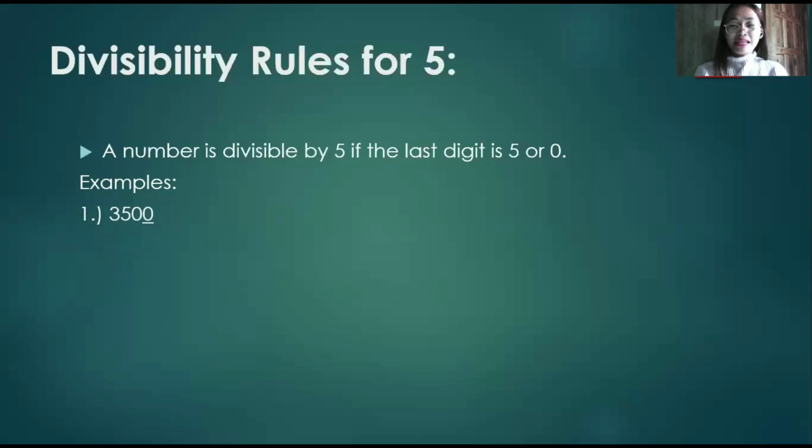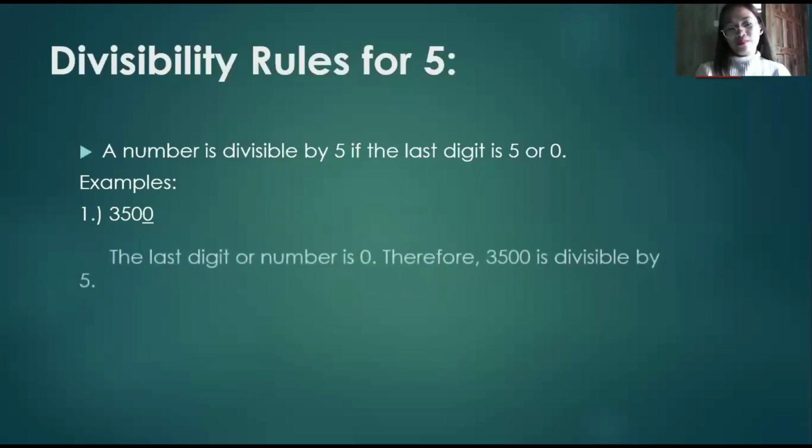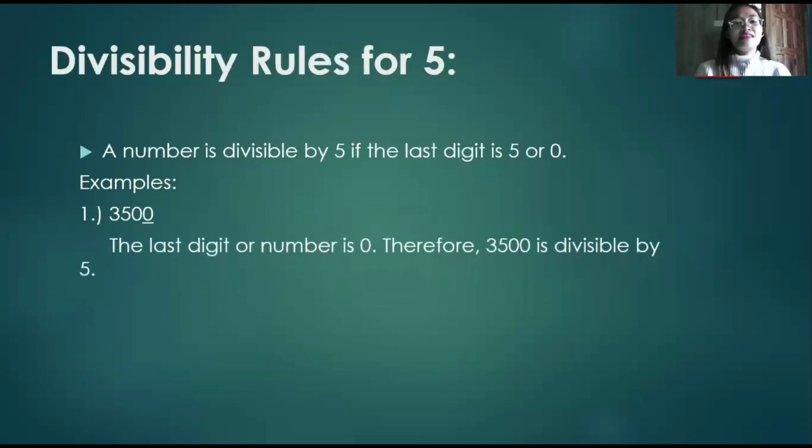Remember the divisibility rule for 5: the last digit is 5 or 0. In our example, 3,500, the last digit or the last number is 0. Therefore, the given example, 3,500, is divisible by 5.